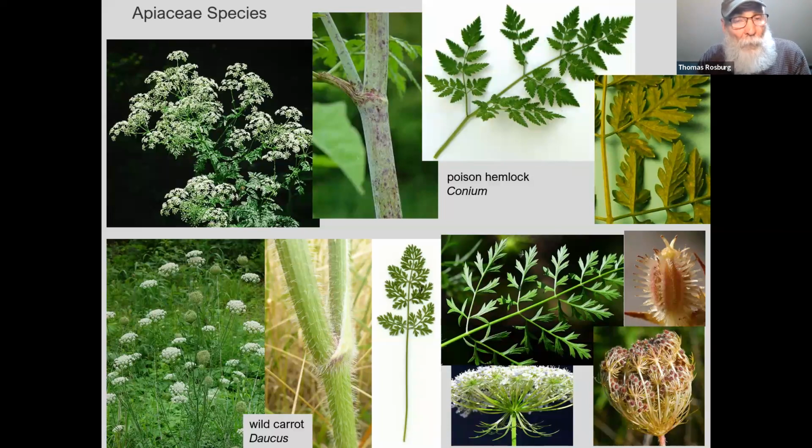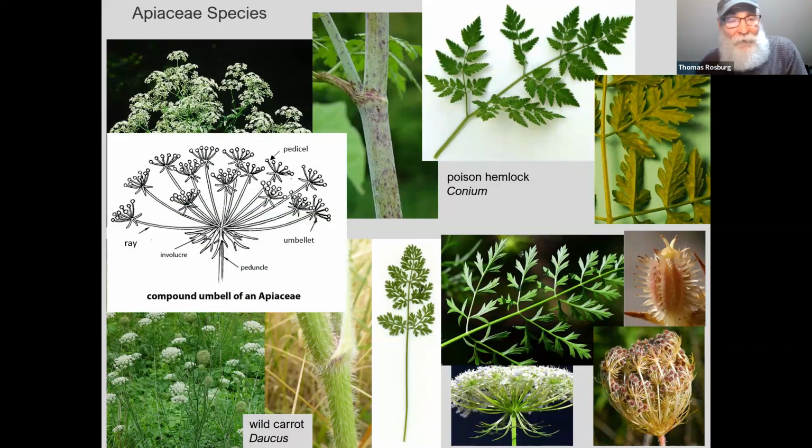So they both have a very important characteristic that almost all members of this family have, and that's this inflorescence that's called a compound umbel. The flowers on anything in the parsley family, on hemlock and wild carrot and all of the other ones, things like golden Alexanders and water hemlock, a couple of native species, are really, really small.